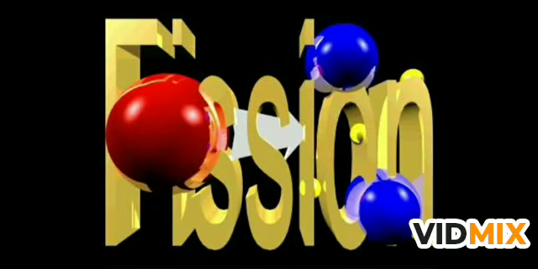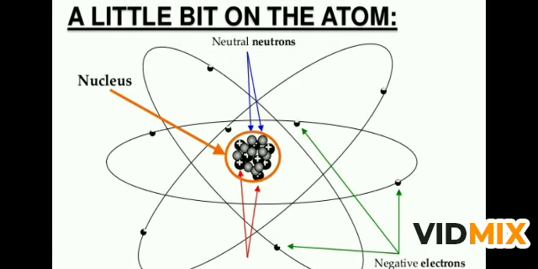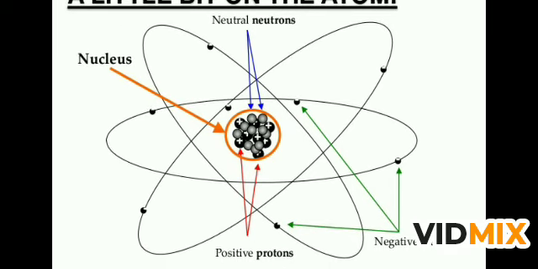Now what is fission? If you see, this is a structure of an atom. The electrons are revolving around the nucleus in certain fixed orbits, and they are negatively charged. The nucleus is positively charged, and it contains neutral neutrons and positive protons.